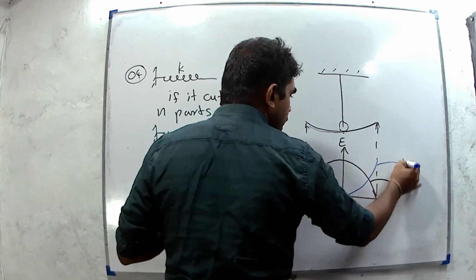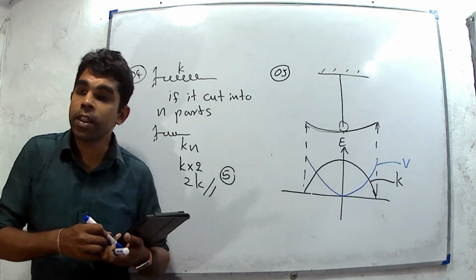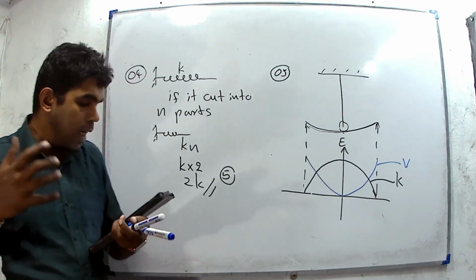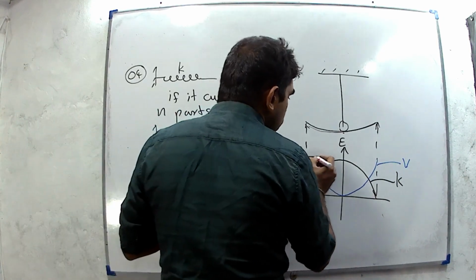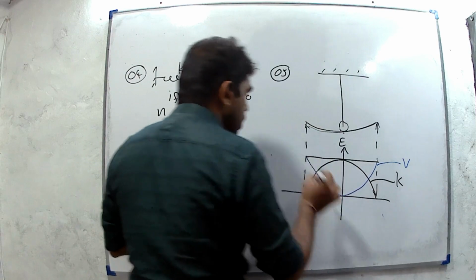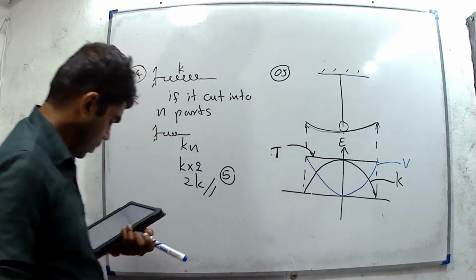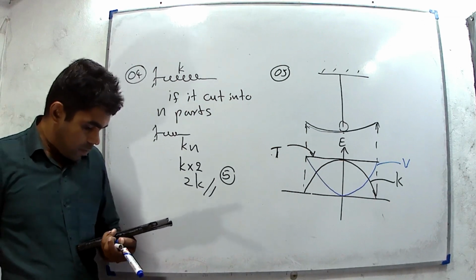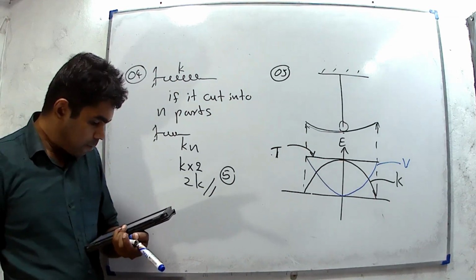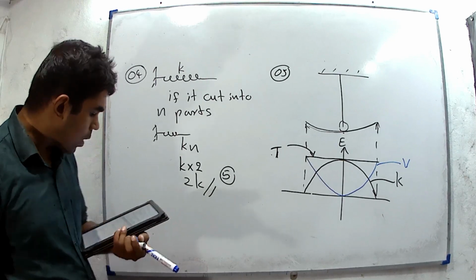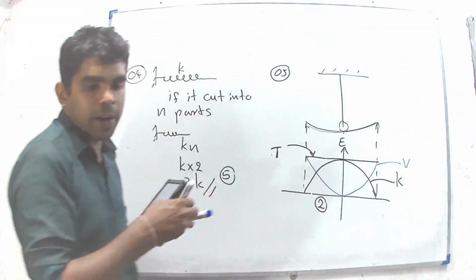And according to conservation of energy, the total energy of the system should be conserved. Therefore, the total energy graph is like this. Now, kinetic energy, potential energy, total energy. The second answer is the correct answer for question number 5.